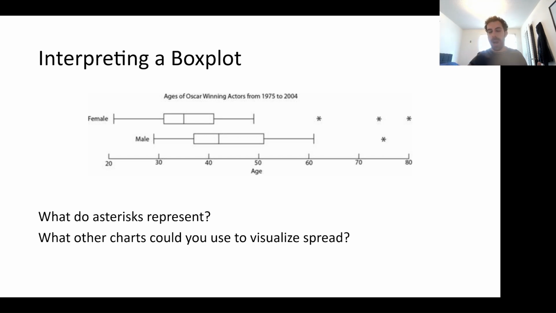So some other options are overlying density plots or histograms. I know we haven't talked about those yet, but those are other plots to show the distribution and spread of your data. So that's another option to make the same point.